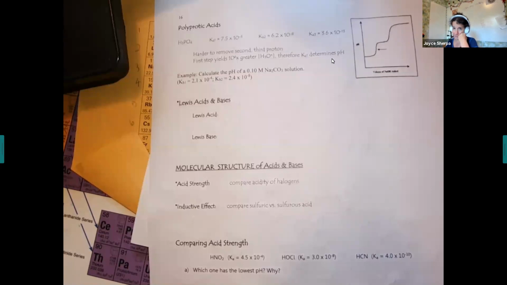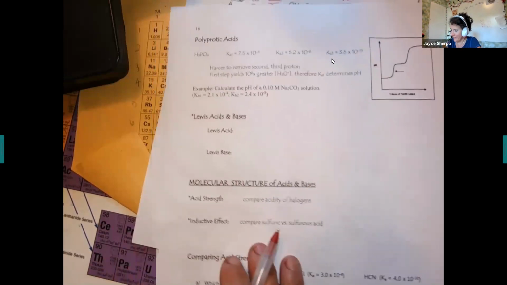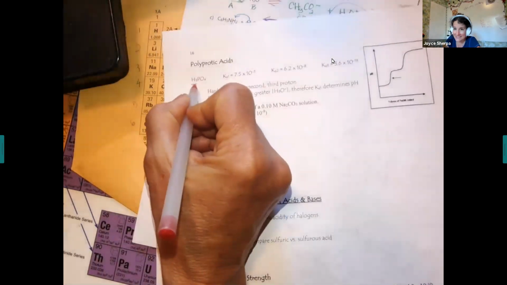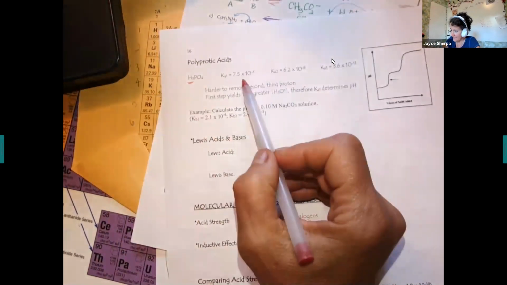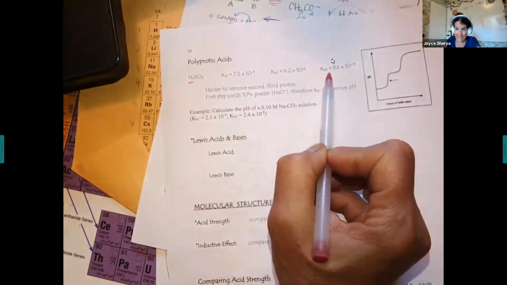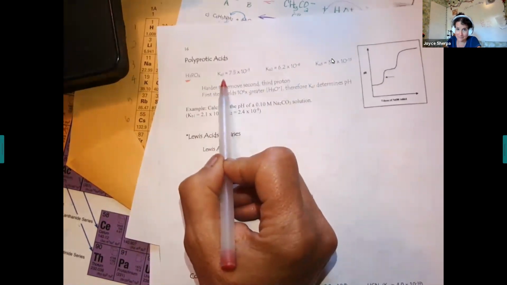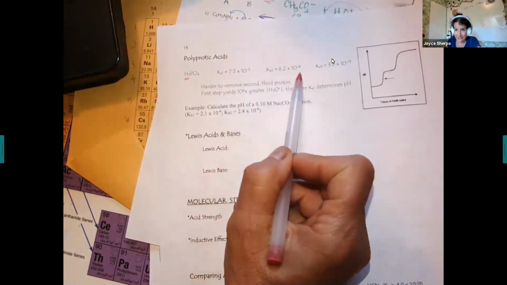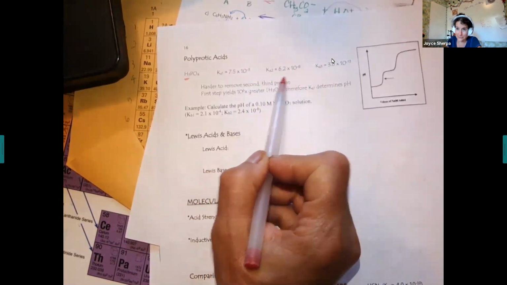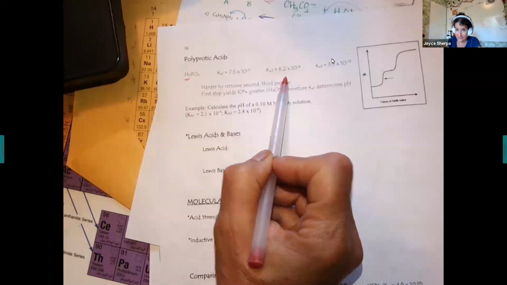All right, polyprotic. I alluded to this earlier with the chart. Because they have multiple hydrogens, they actually have multiple Ka values. So this is to give up the first hydrogen. It's a lot harder, almost 1,000,000 times harder, to give up that next hydrogen.